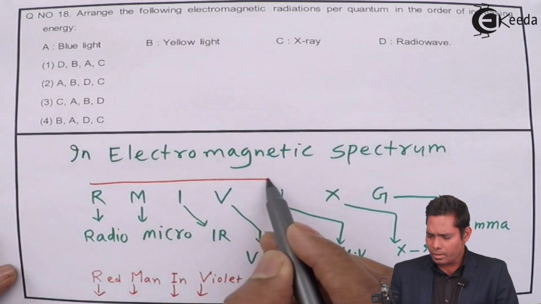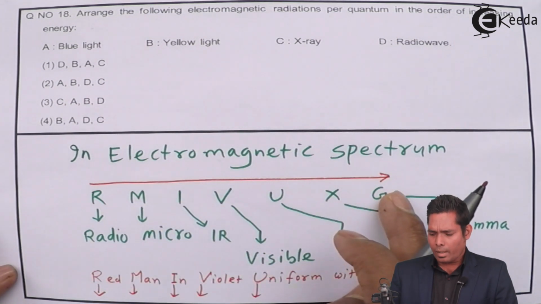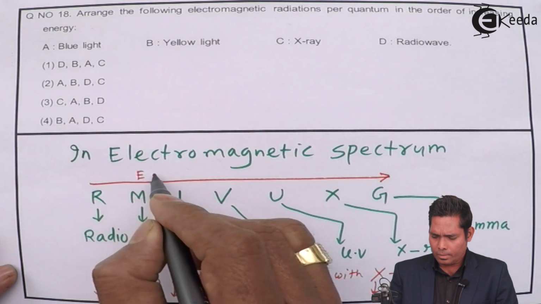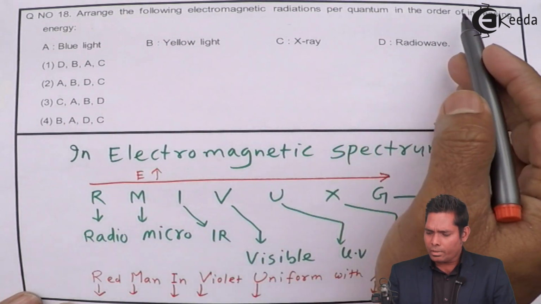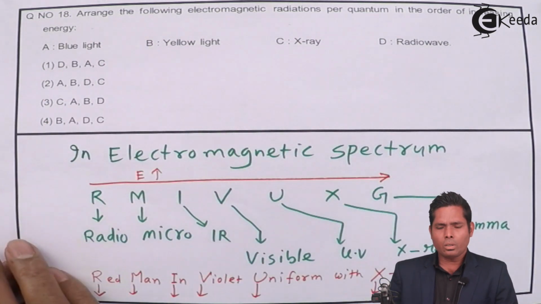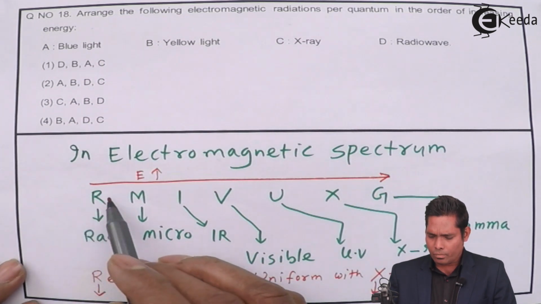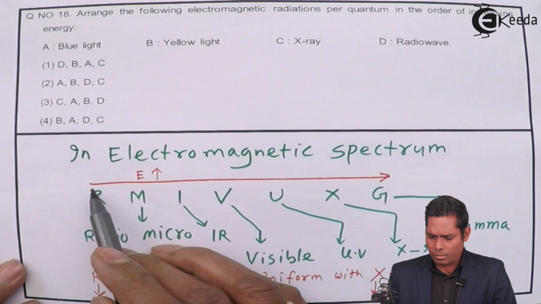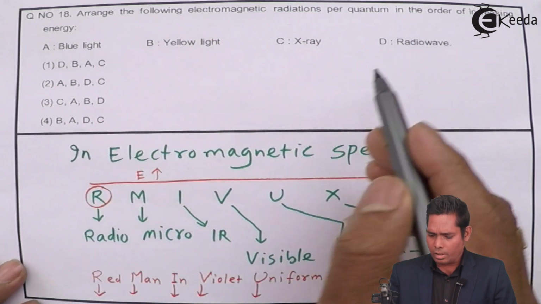From this end to this end the energy is increasing, so we have to write the increasing energy levels starting from the lower to the higher. Radio waves will be the first one, lower. This one is the first one, this is the D.